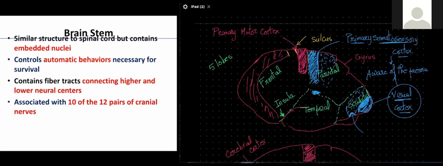But in order for me to decode those signals, to create a meaning for the sensation I'm receiving, I need to have an association cortex that will be related to the sensory cortex. We'll see in another brain area.